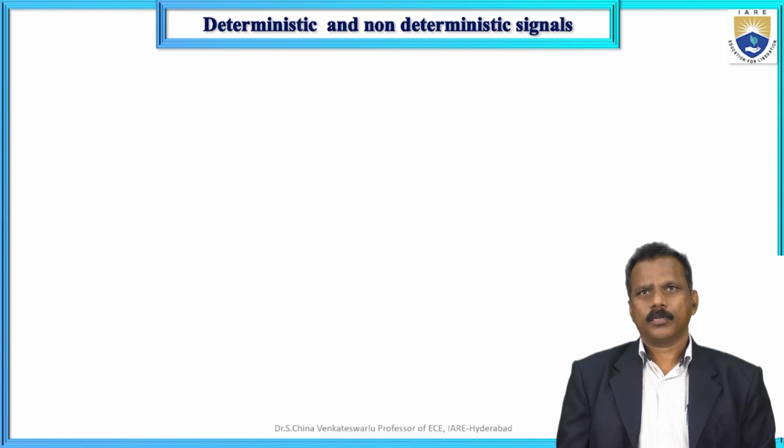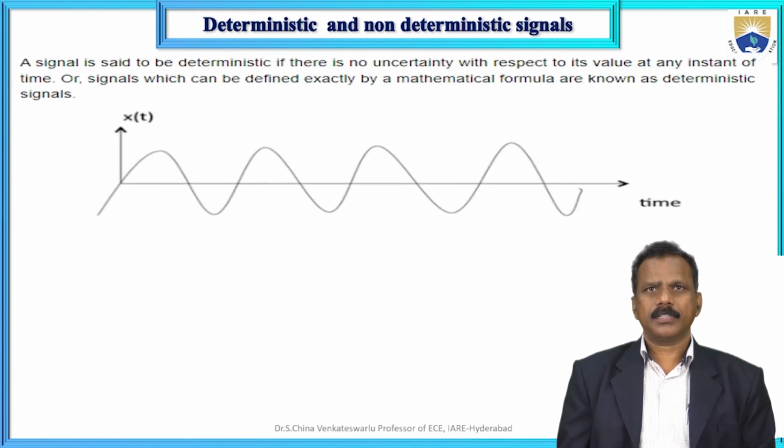A signal is said to be deterministic if there is no uncertainty with respect to its value at any instant of time, or signals which can be defined exactly by a mathematical formula are known as deterministic signals. It is represented graphically as time versus x of t, that is, time versus CTS, continuous time signal.